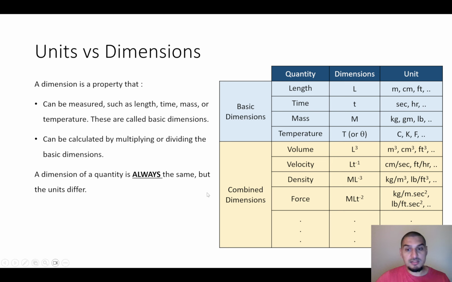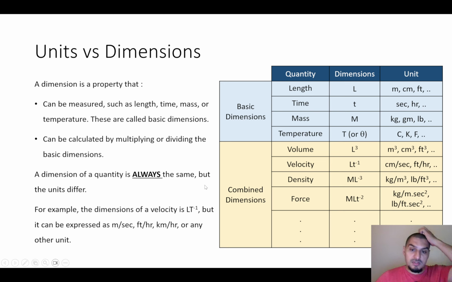It doesn't change the dimension. So as we said here, the velocity is LT to the power minus 1. You can use centimeter per second, meter per second, foot per hour, kilometer per hour, mile per hour, whatever the unit that you want. They're all units of velocity. But the dimension is going to be the same.